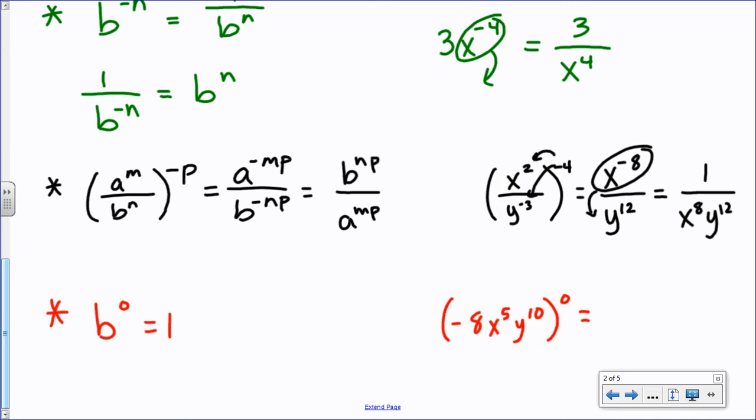So the whole thing is 1. What do you get here? 2x. So y to the 0 is 1. So 2x times 1 is 2x. So if it's a variable to 0 power, you can think of it like it cancels, because that's just times 1.